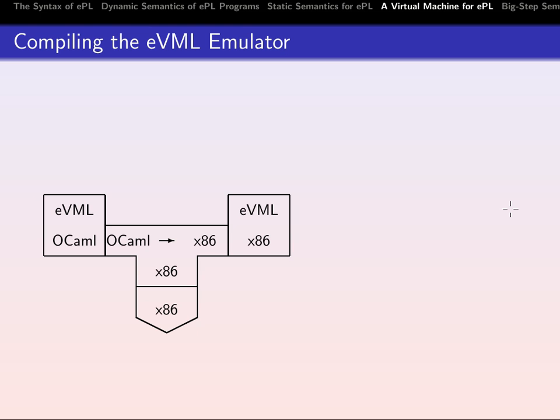So this would be what a virtual machine looks like, right? A virtual machine is an interpreter for the bytecode. All right, so we take the EVML, we write that in OCaml, and then we put it through the OCaml translator, and we get an EVML that can execute on x86.